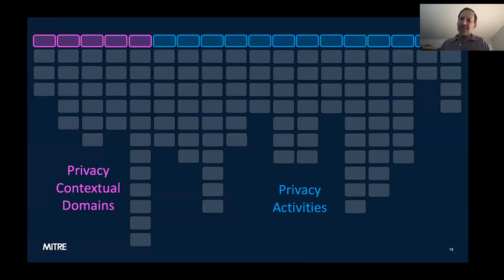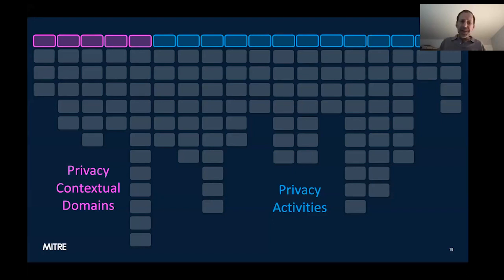It's kind of a nostrum at this point that privacy is highly contextual, and we certainly agree. And we felt that that context for any given attack really needed to be captured, because it can be the case that the context plays a fundamental role in making something a privacy attack.